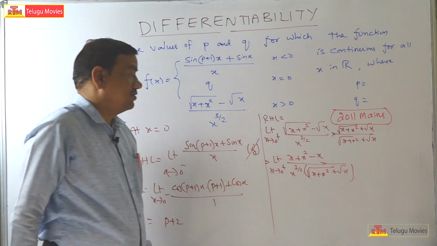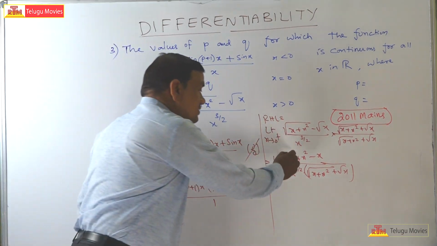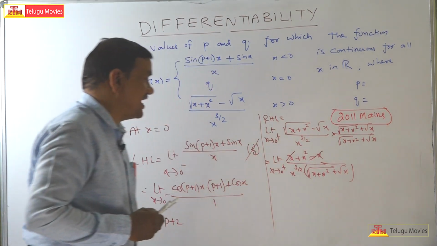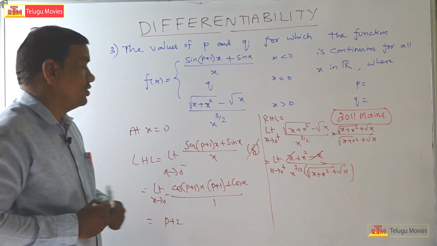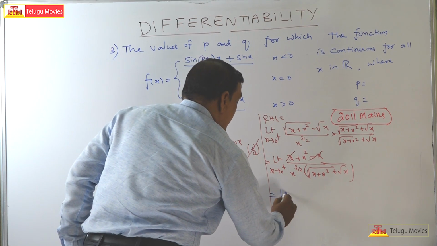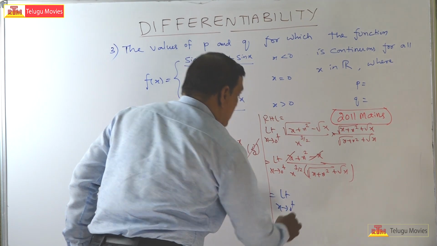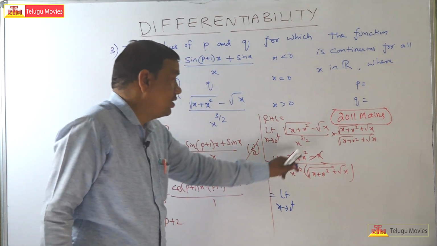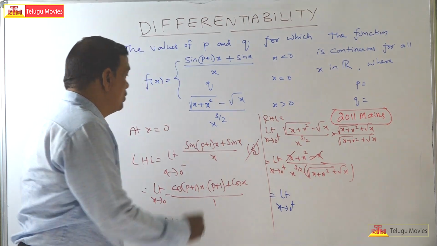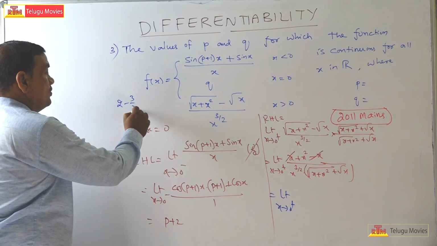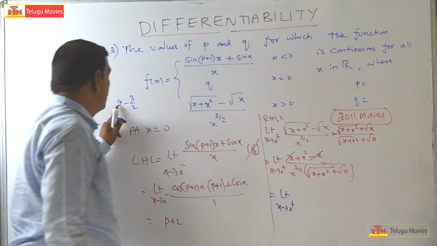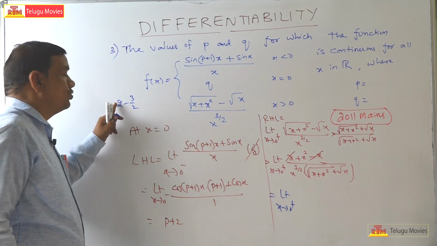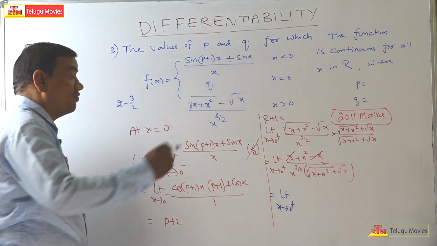See here, plus x minus x will get cancelled, leaving x square upon x power 3 by 2. So, 2 minus 3 by 2, using a power m by a power n equals a power m minus n, is 4 minus 3, that is 1 by 2.